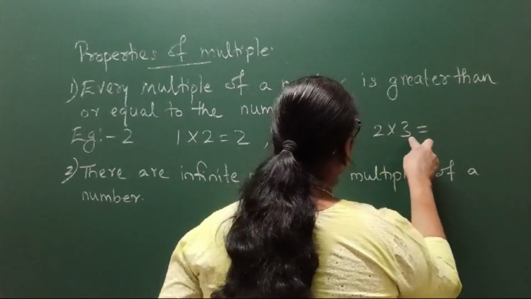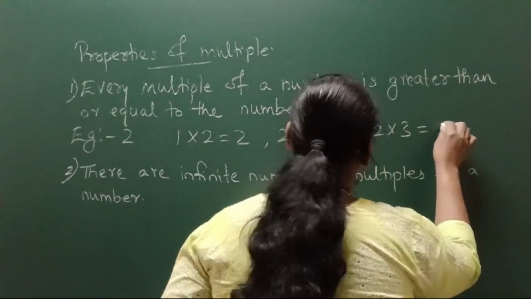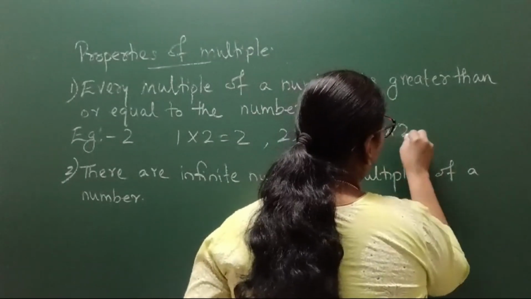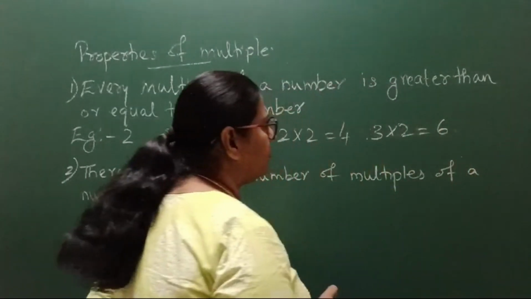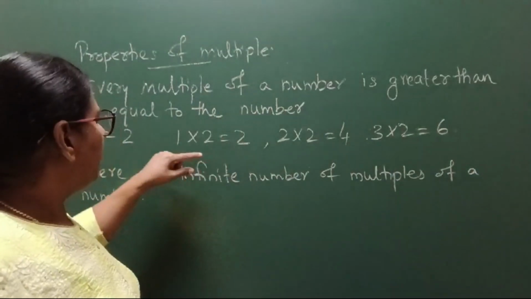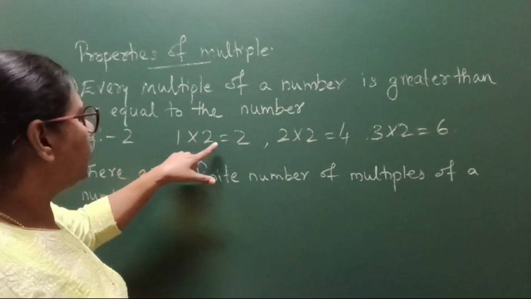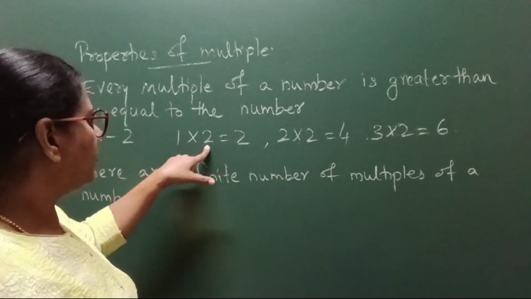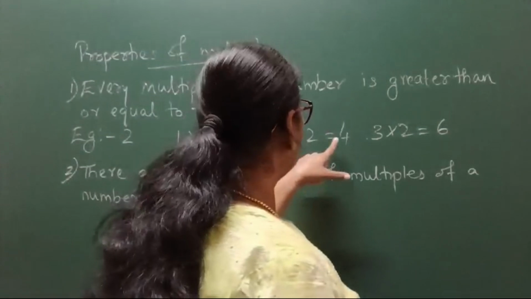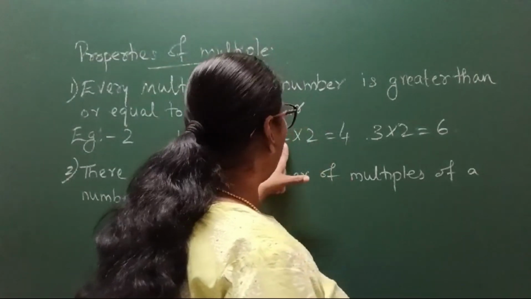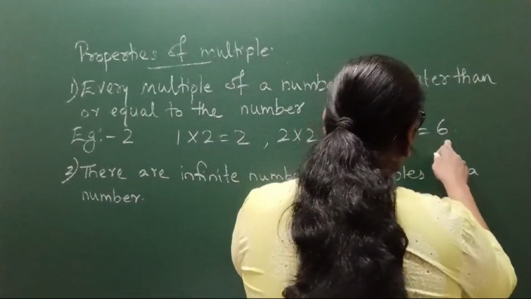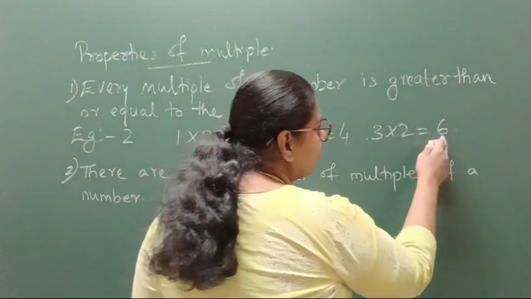Then 3 times 2 is equal to 6. Now these are factors. 1 and 2 are the factors of 2. Then 2 2s are 4, so 2 is a factor of 4 and 4 is a multiple. 3 2s are 6, so 3 and 2 are the factors of 6.